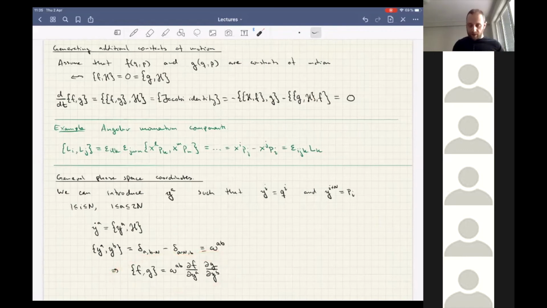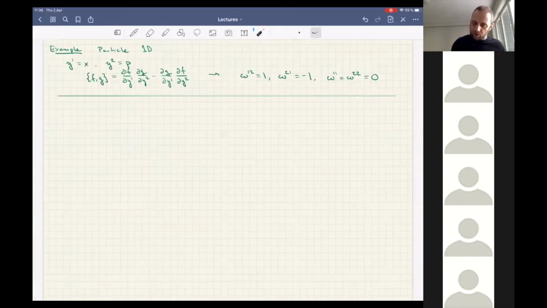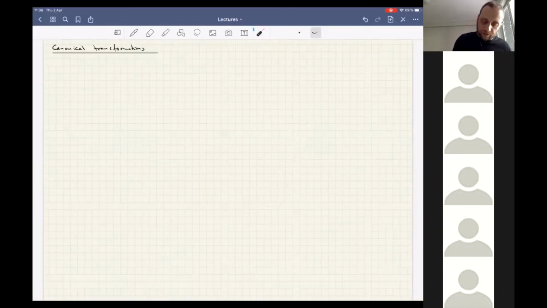That is to say that this omega is going to take the same form in all of those coordinate systems. So we can always make any arbitrary coordinate transformations in phase space, but these canonical transformations are going to be a particular form of coordinate transformations. So we will consider the following transformation.